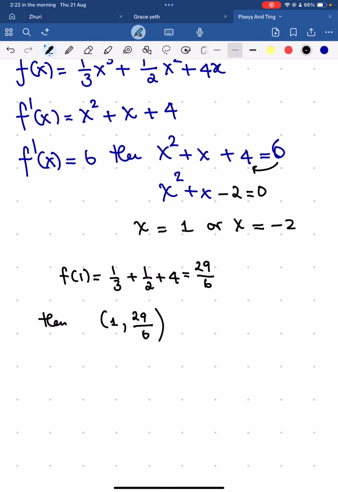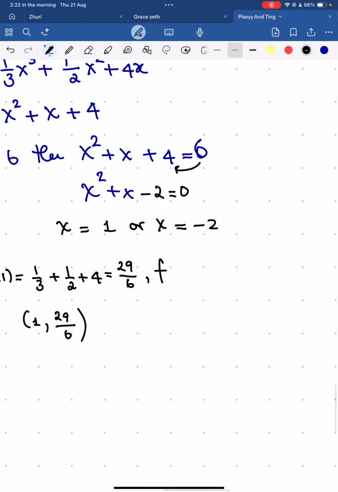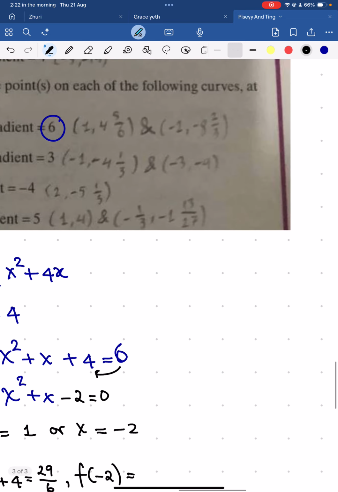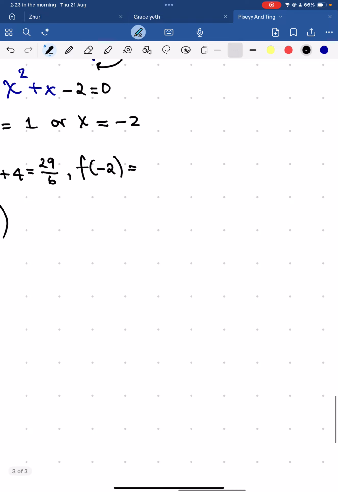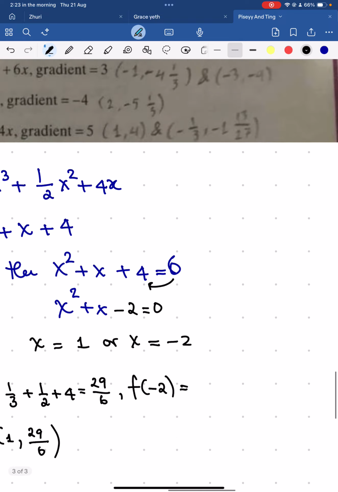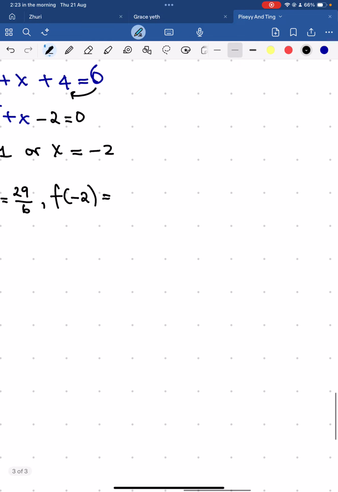Then the other is f of -2. You plug in and you get the answer here: negative 8, 2 over 3. And this is 4, 5 over 6, same thing as mine.